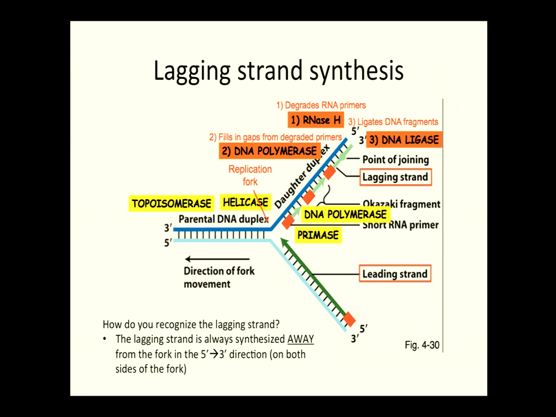So which one is in the lagging strand, which one's the parental strand, and which one is the newly synthesized strand? Yeah, so the top one is the parental, right? Okay, and the bottom one would be your daughter. And you can tell that because the daughter strand has the last primer, right?